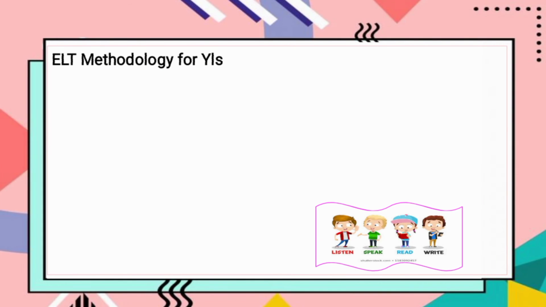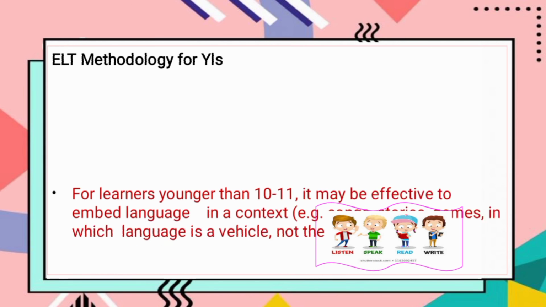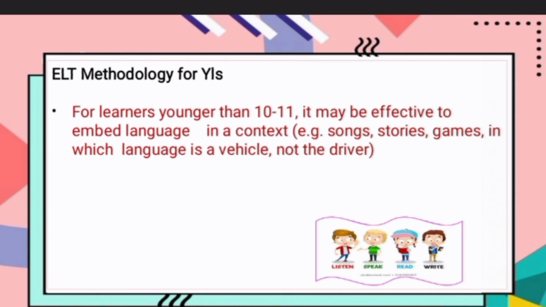And the conclusion we can draw about English language teaching methodology for young learners is: if a teacher is able to know the skills and characteristics of the group of learners based on age, then the teacher will know what the right method is to teach so that the learning process runs well and in accordance with expectations.